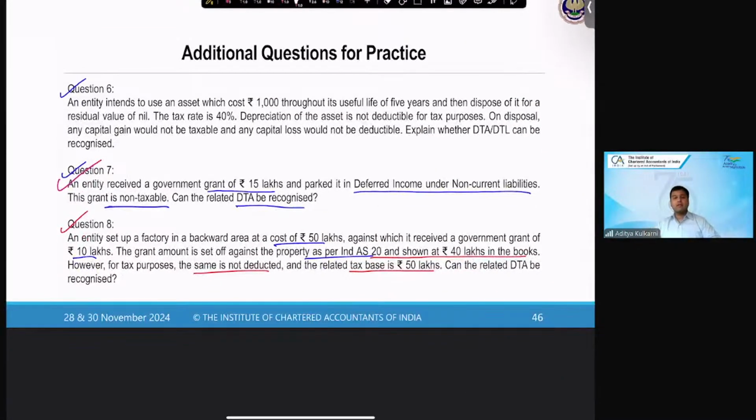Entity set up a factory in a backward area at a cost of 50 lakhs, against which it received a government grant of 10. The grant is set off against the property as per Ind AS 20 and is shown at 40 lakhs. For tax purposes, the same is not deducted. The related tax base is 50 lakhs.